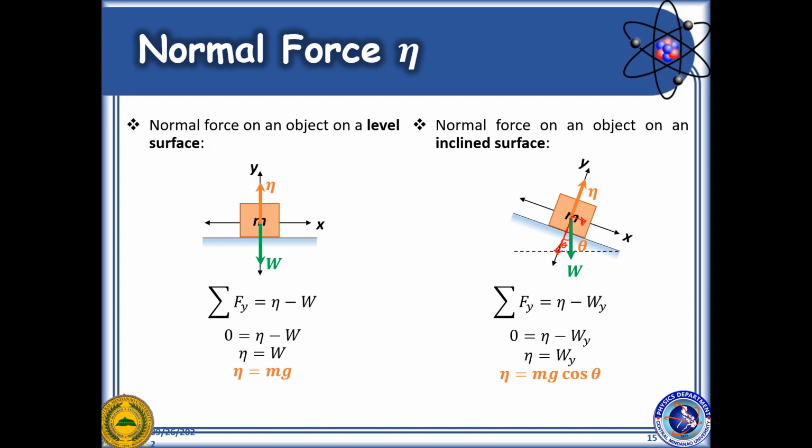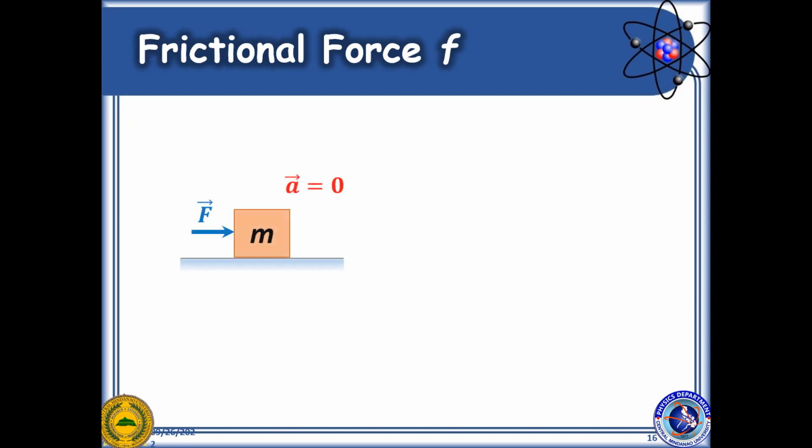Manipulating this, the normal force is equal to W sub y. Now your W sub y is equal to mg cosine theta, because again, W sub y is adjacent to your angle theta. So this is the normal force for an inclined surface. Now, how about the frictional force?